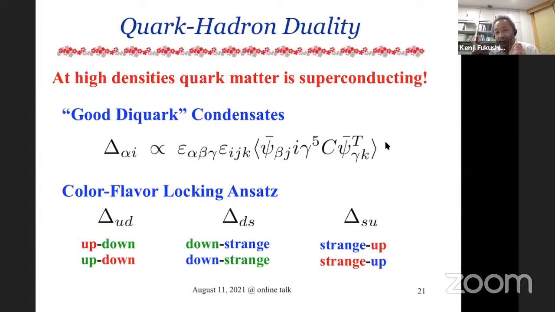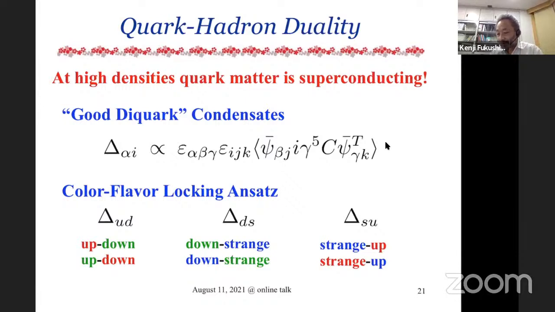There are some channels in which you can find attractive interaction. So even without phonons, you can find naively an attractive interaction between quarks. And if you have a Fermi surface and such an attractive interaction, the superconducting phase should be the ground state. In such a way, the so-called good diquark, that is the triplet diquark, forms a finite condensate.